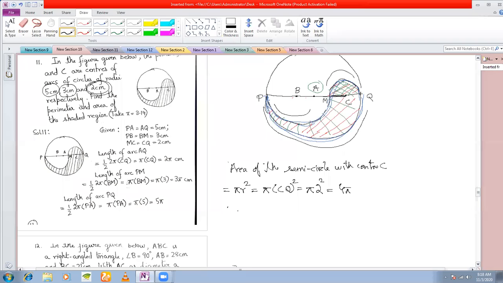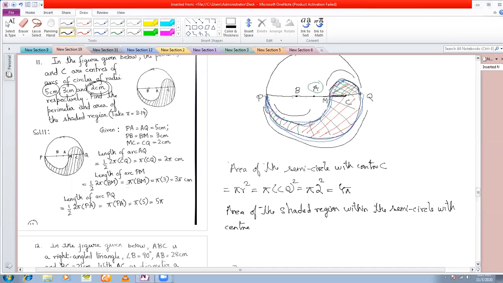Area of the shaded region within the semicircle with center A.